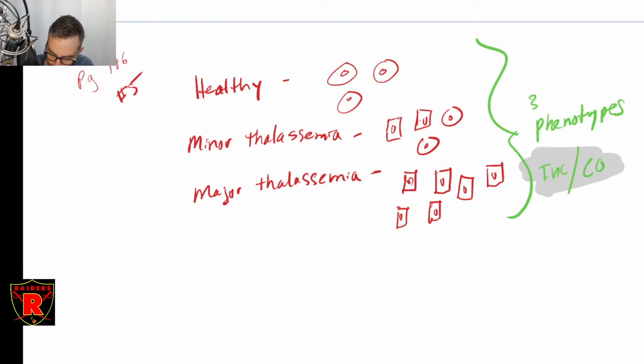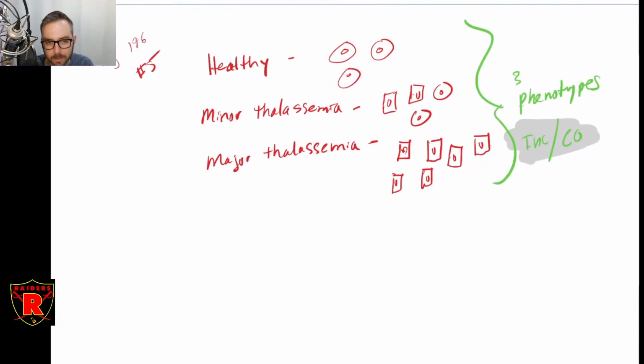Okay, so the key here is remembering what the 2 different things mean, what incomplete dominance means and what codominance means. So incomplete dominance means that you can have one allele expressed or the other allele expressed, or the third way to express it is the hybrid.